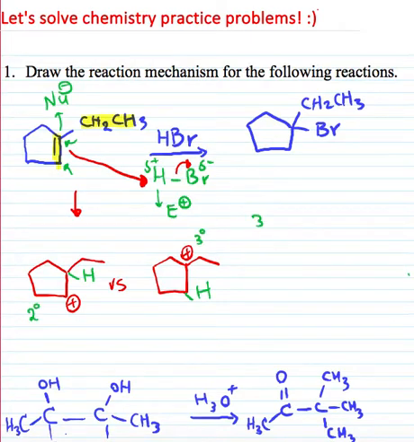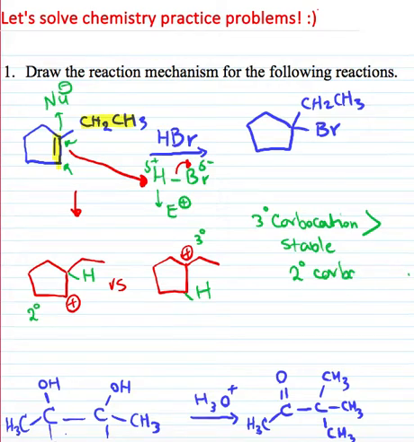And I know that tertiary carbocations are more stable than secondary carbocations, because those alkyl groups are going to help stabilize that positive charge. So I'm just gonna put an X through this. So this is going to be our intermediate with this positive charge right here.